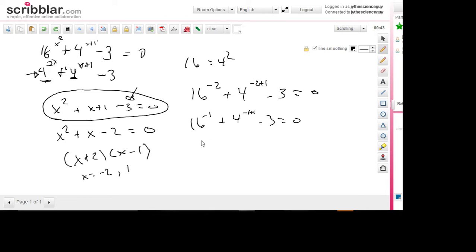So 4 to the 0 is 1, right? So that's negative 1 plus 1, so that would be 1. And then 16 to the negative 1 is 1 over 16. I don't think that's going to work either. Minus 3. 3 minus 1 is 2, so this would have to be 2.